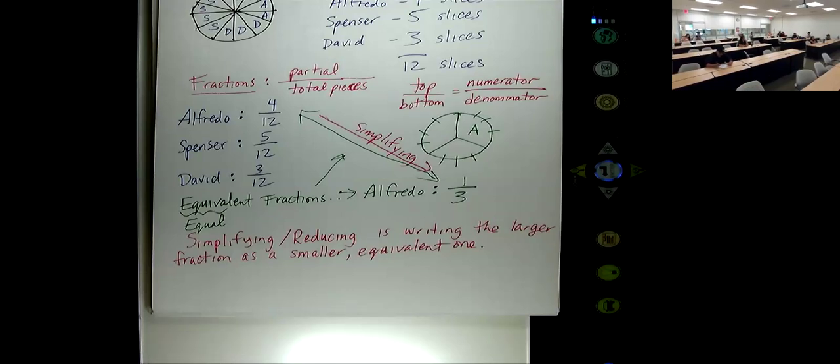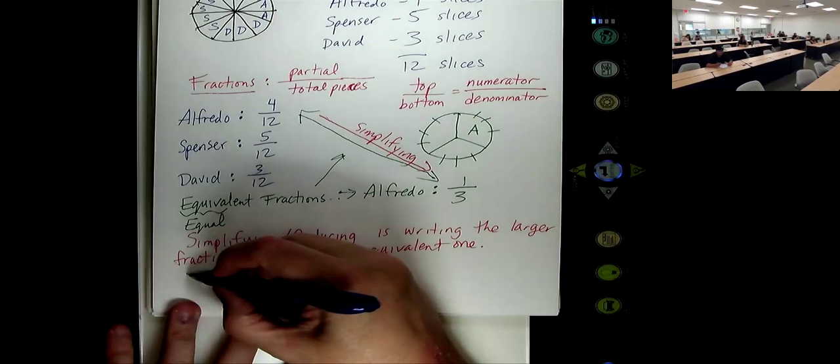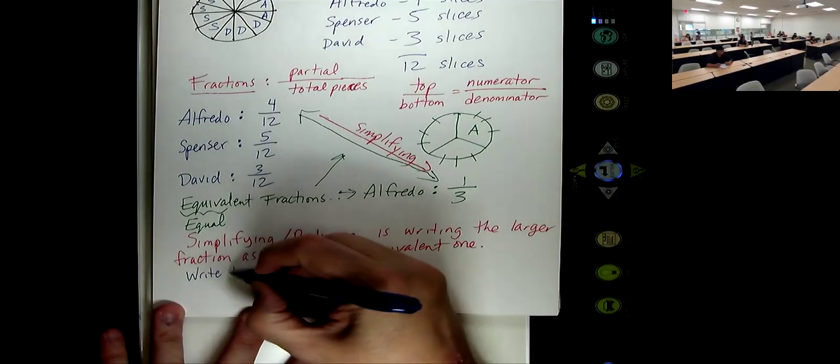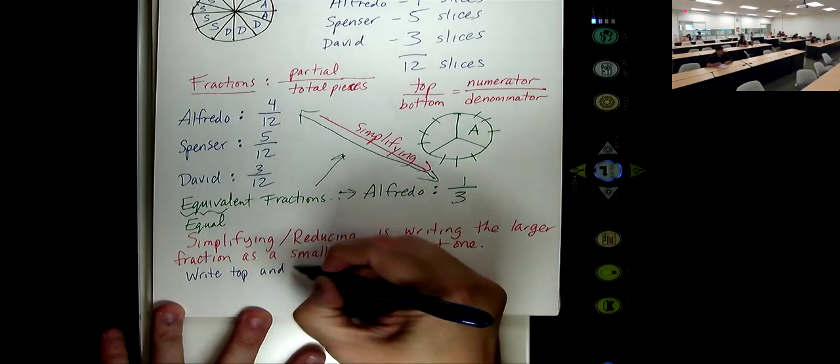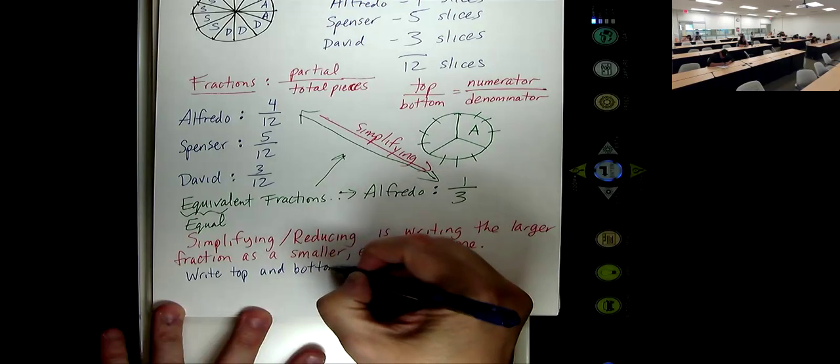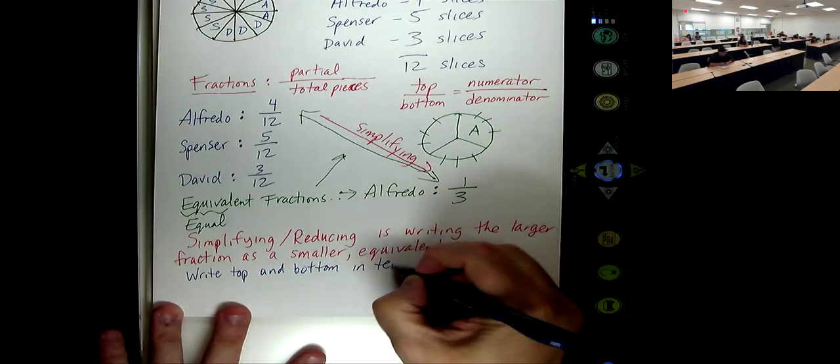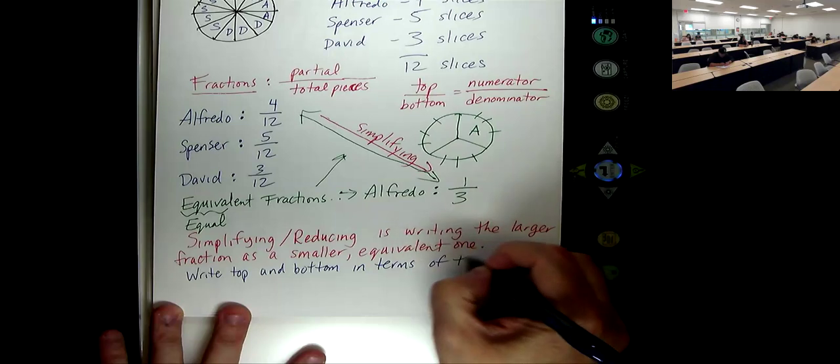So how do we do that? We write top and bottom in terms of their factors.